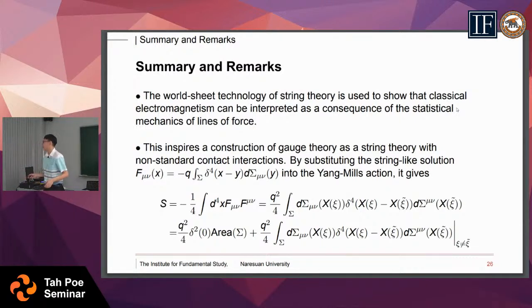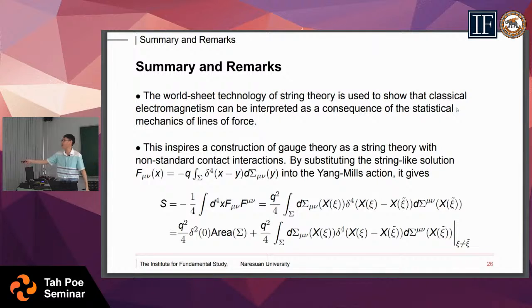And it inspired the construction of gauge theory and string theory with non-standard contact interaction. How can we see that? Let's see that by putting this string solution, this is the string solution, right, into the Yang-Mills action.